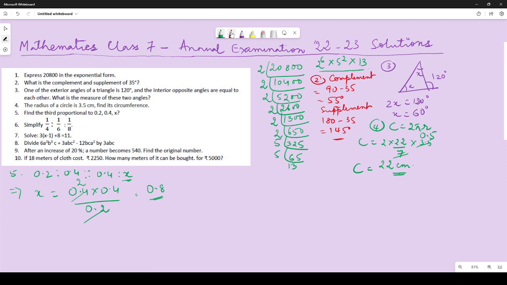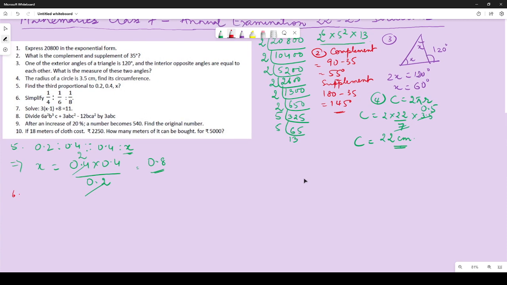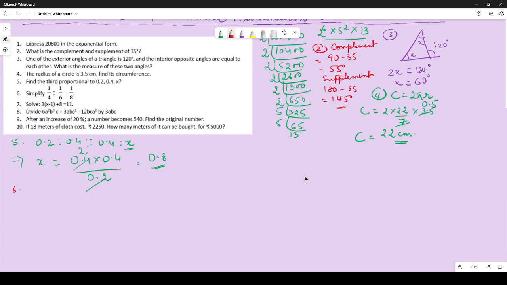Now let us check out question number 6. Here you had to put this ratio into the simplest form. So this is in fractions: 1 by 4 is to 1 by 6 is to 1 by 8.